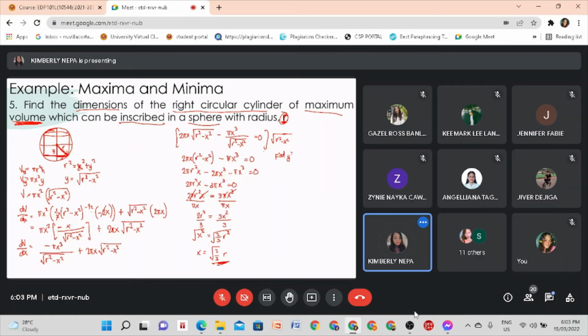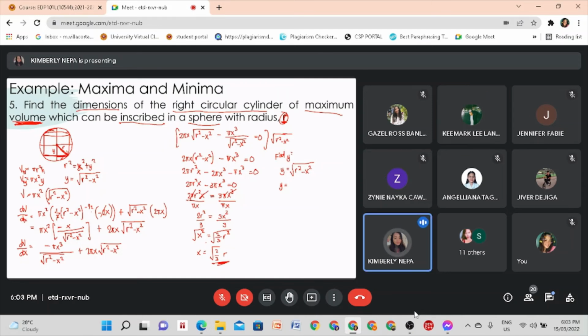The y equals square root of r squared minus x squared. Yes, very good. And then what is our x squared? X squared is 2/3 r squared.